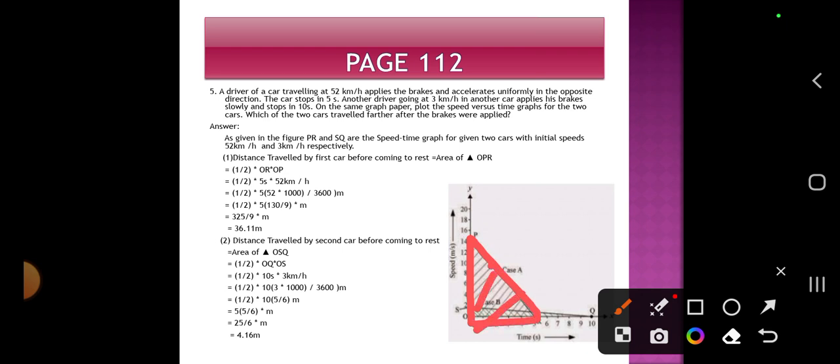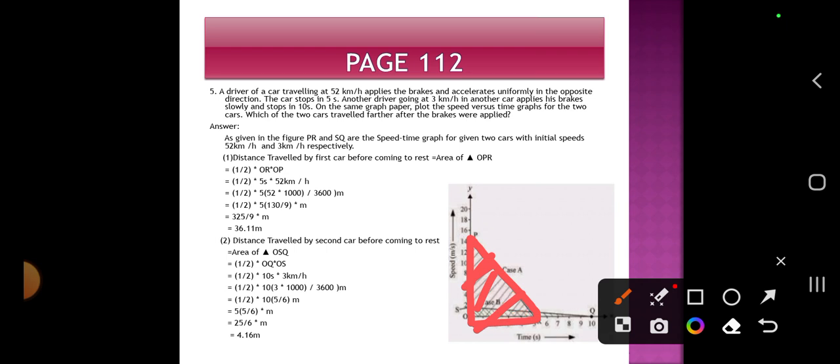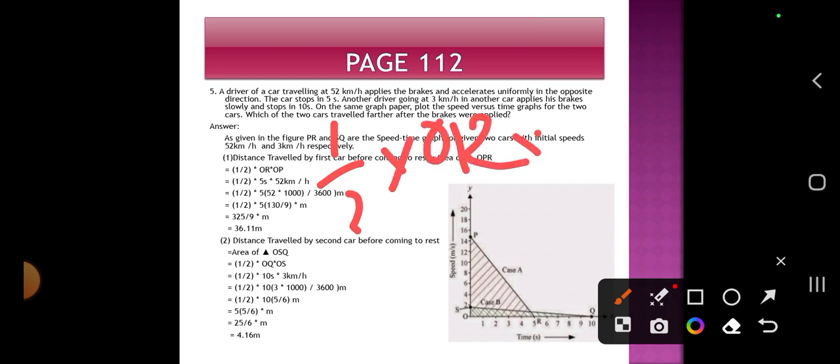This is the area for the first car. Got it? So now area, we know that is 1 half base into height. Base we have, that is OR, and height we have OP.